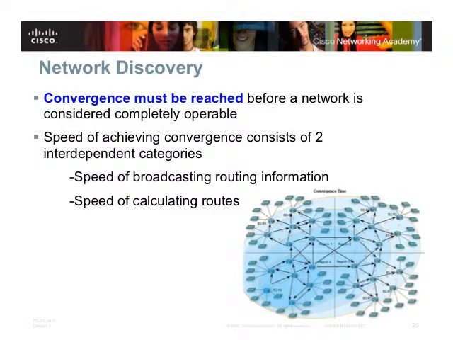So before the network reaches convergence, we call it a transient state. It's not fully operational. And if you send network traffic through the network before we attain the state of convergence, there is no guarantee that this traffic will in fact reach the destinations correctly.